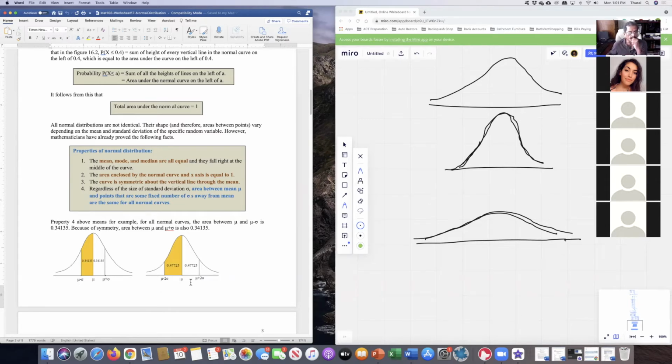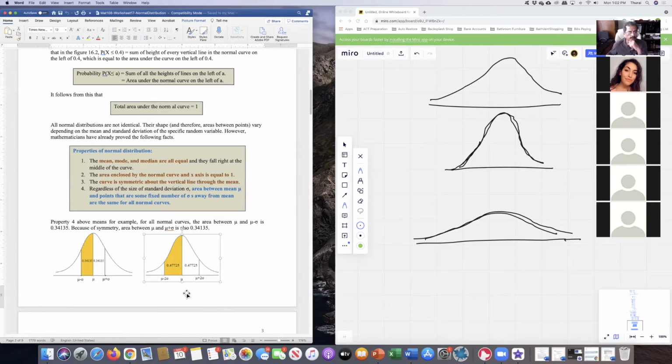Now, another fact is that from mu to mu plus 2 sigma, if you go 2 sigma to the right, the area under the curve is 0.47725. And also, if you go to the left, from mu to mu minus 2 sigma, it's the same area because of the symmetry.